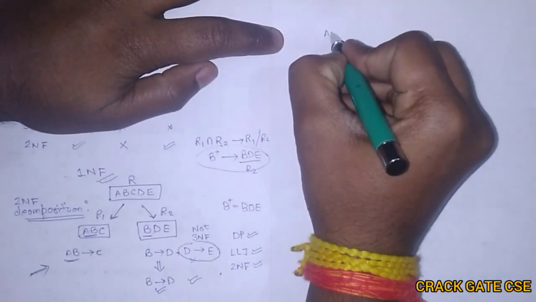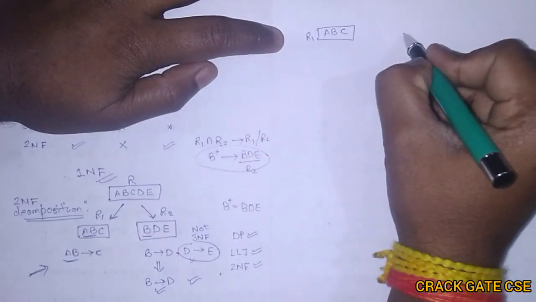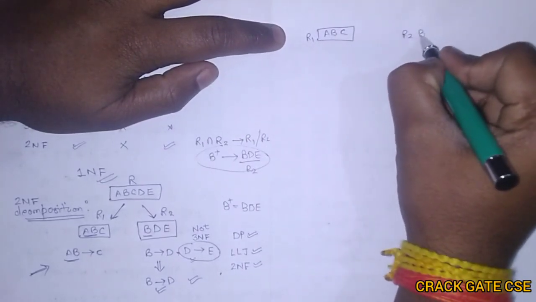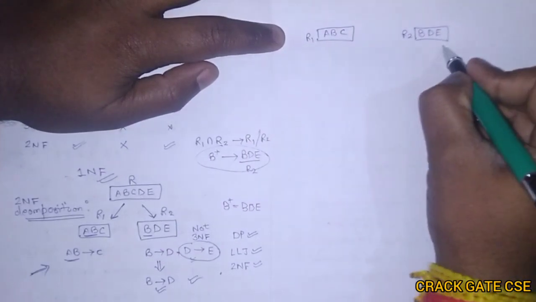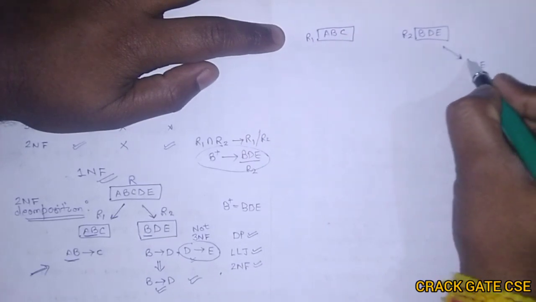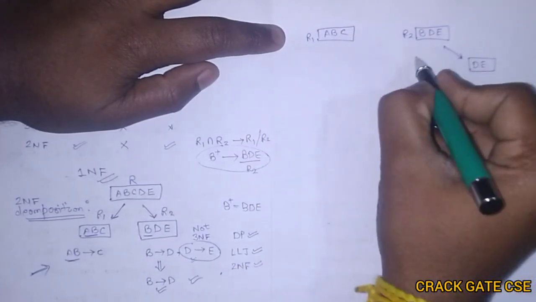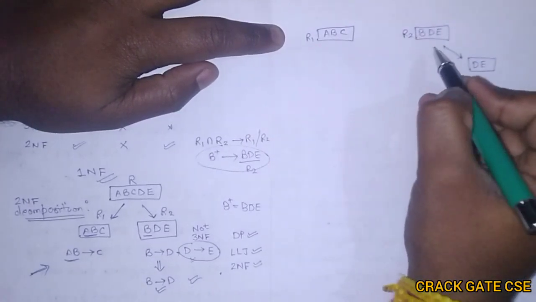So ABC will be the same. This is the R1 relation. In the R2 relation we have B, D, E, right? So from this relation I am taking DE as a separate relation. What is remaining? B is remaining.